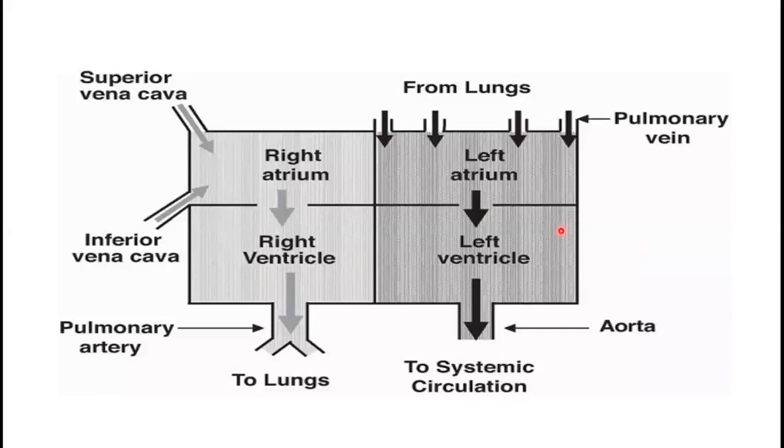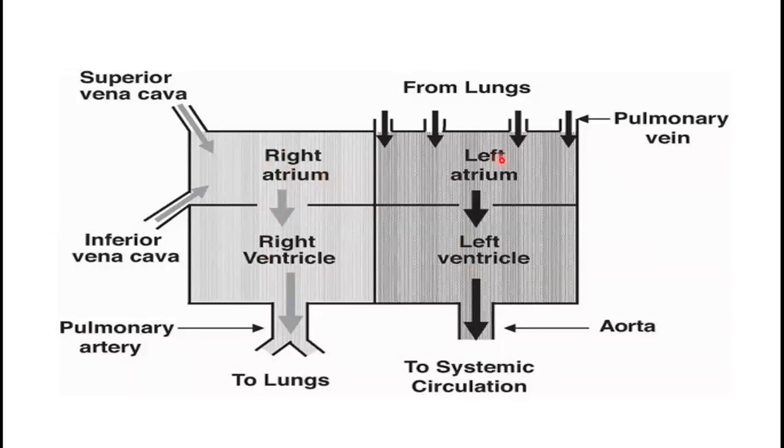Okay. Then the heart is made up of four chambers, and it is clearly divided into two halves, right half and left half. The left half contains oxygenated blood, the right half contains deoxygenated blood.